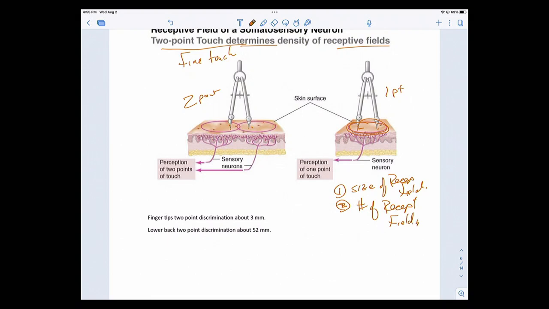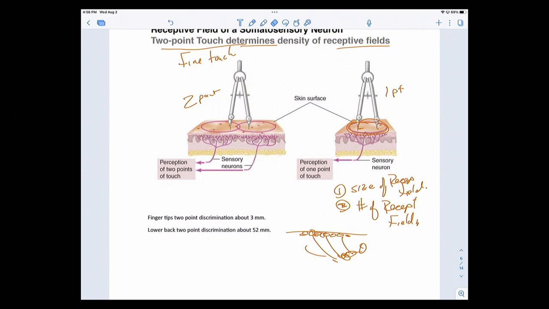Okay, so if I have skin and I've got a lot of receptive fields and they're very small, and it means I got a lot of neurons servicing this area of skin here, then that means being touched here versus here, I've got really good awareness of exactly where I'm being touched.